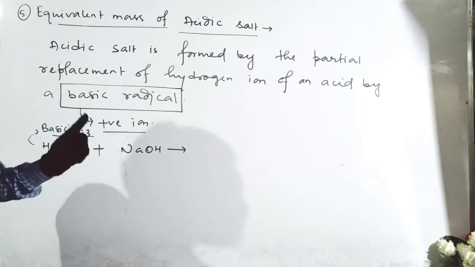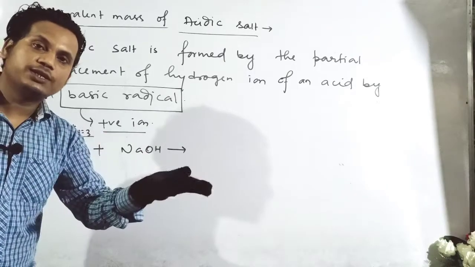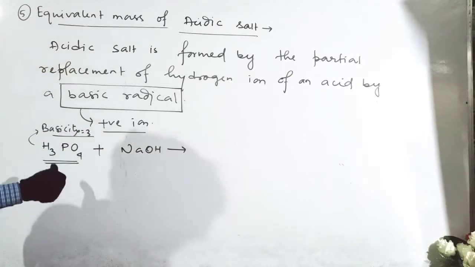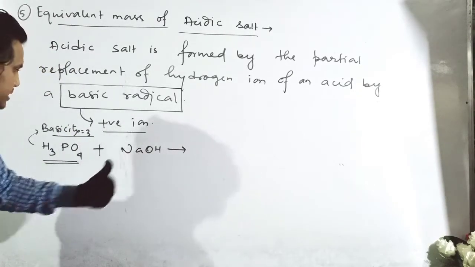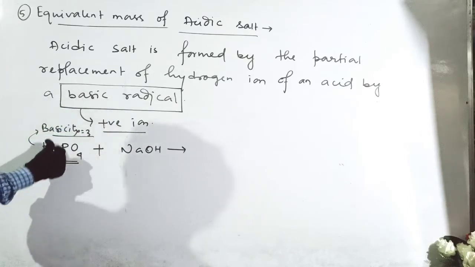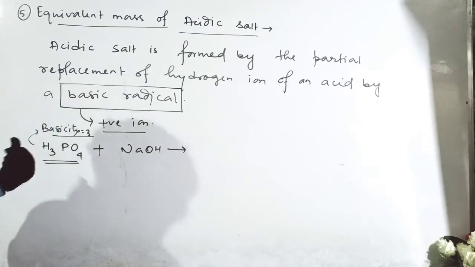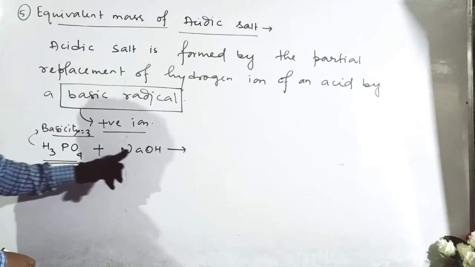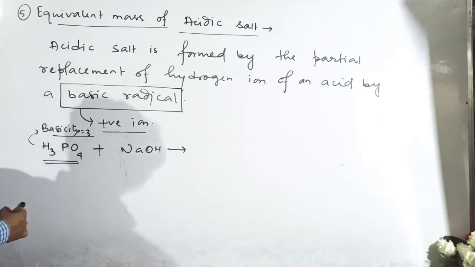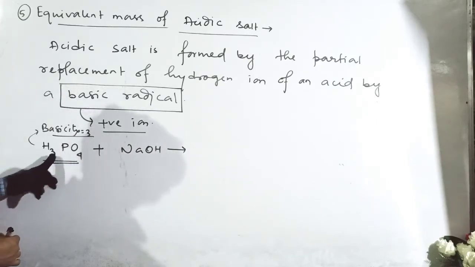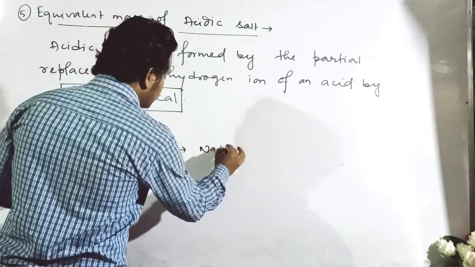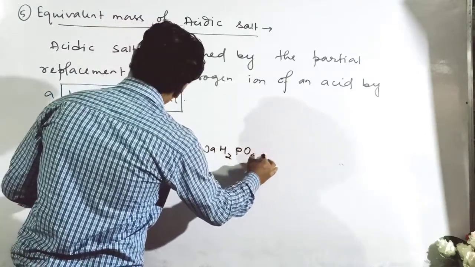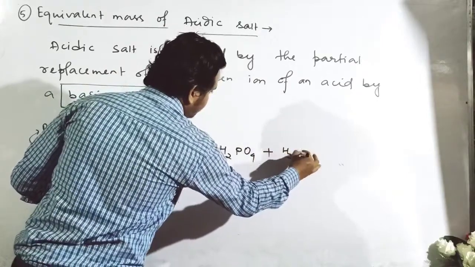So it can give 3 hydrogen atoms, and in place of 3 hydrogen atoms, 3 other basic radicals, means in place of H positive, other positive ion can come. Now if we give 1 NaOH, what will be the reaction? 1 hydrogen is replaced: NaH2PO4 plus water.